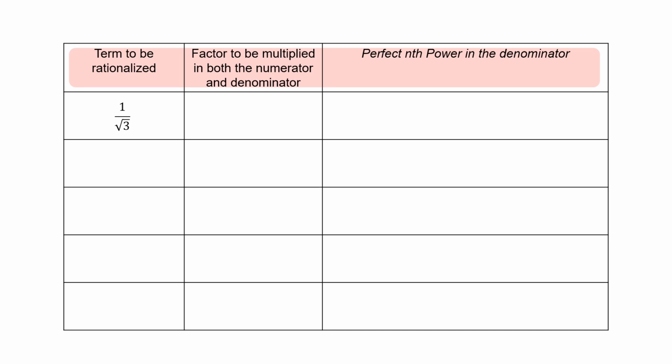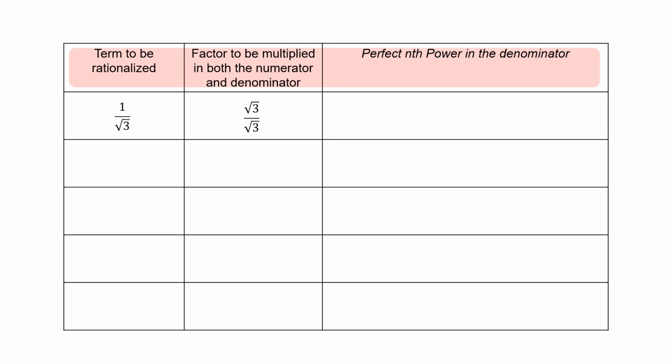Multiply the denominator and the numerator by a number such that the resulting radicand in the denominator is a perfect nth power. So, saan natin ito i-multiply? Tignan ang denominator. We have the square root of 3. Kaya, i-multiply natin ang numerator at denominator sa square root of 3.